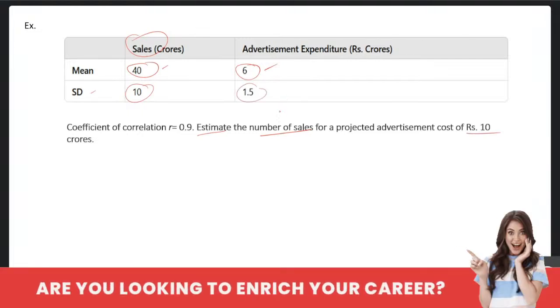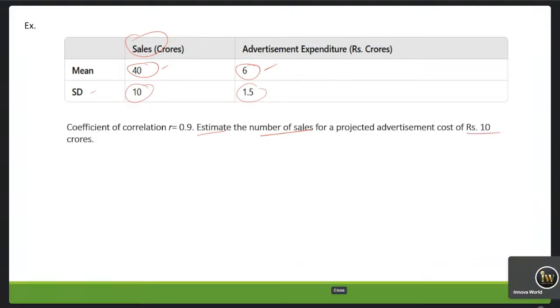Both are given. Now, for the estimation case, we need a model. What model? The linear regression model here. Any other non-linear model is also applicable, but here we will apply the linear model only. So linear model means either y equal to mx plus c or x equal to my plus c.